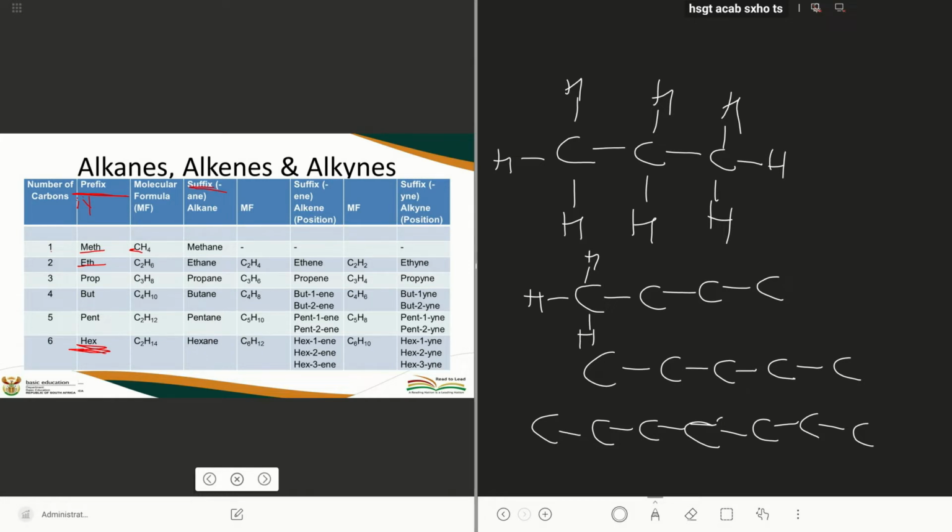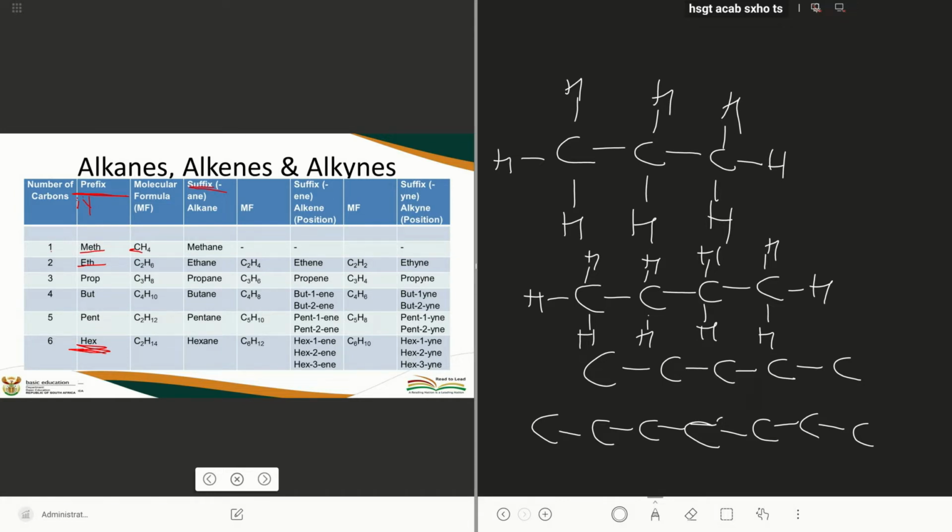This one is surrounded by 2, so you will have something of that nature. When you draw your structural formula, you always count the number of bonds around each carbon. Because if in the exam you make a mistake of writing more than 4 bonds around the carbon, you will be penalized and you will get the answer wrong. So those are the 6 that we do.